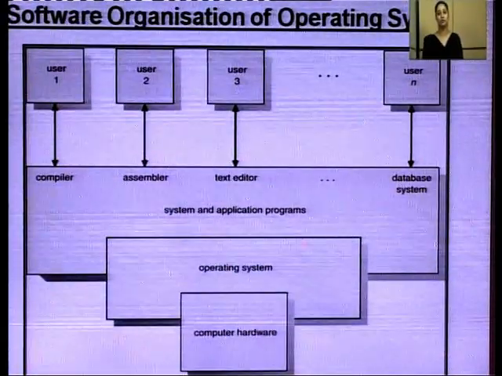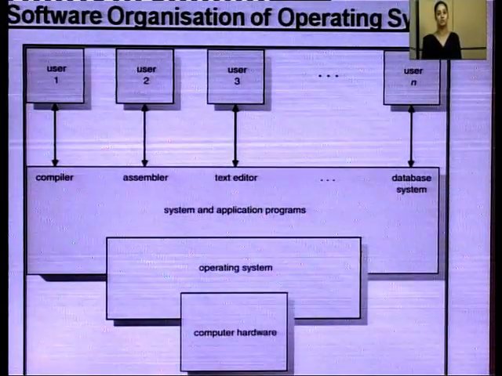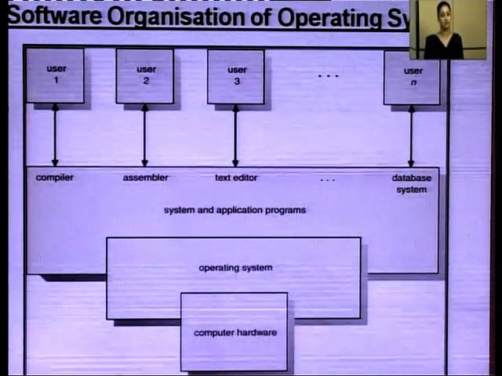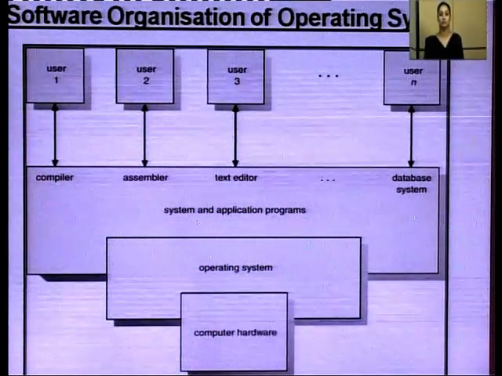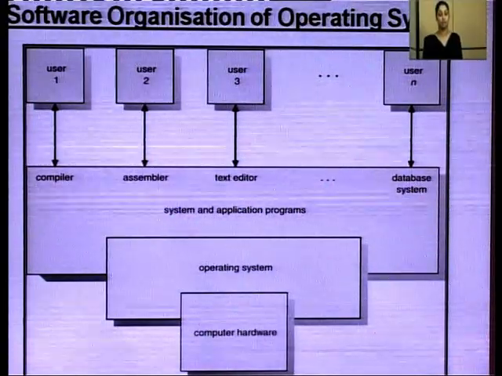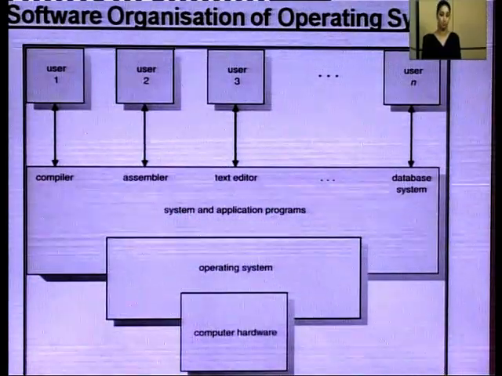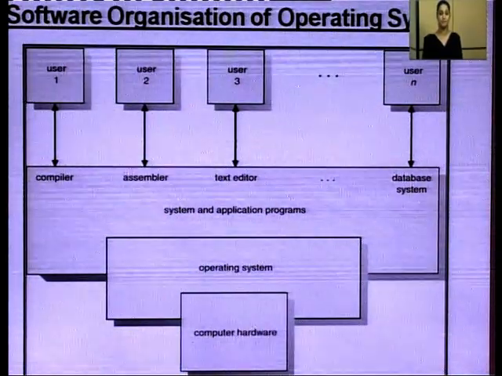Now the software organization of an operating system, how the operating system stands in our system. At the last layer is the computer hardware, where hardware devices like your keyboard, mouse, and processor are present.